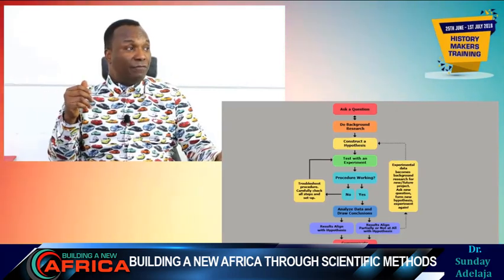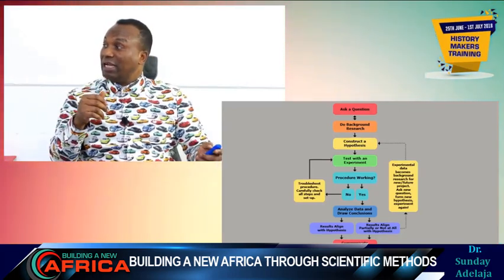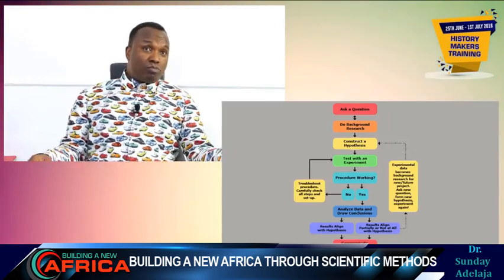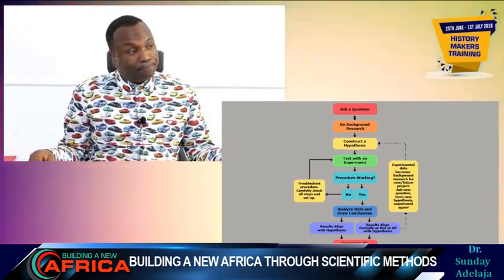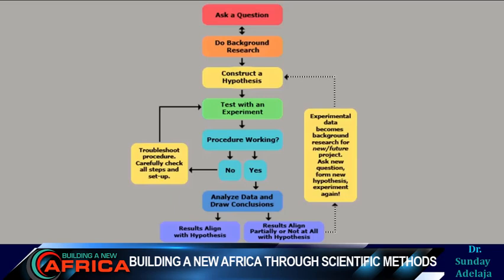So we are moving to the fourth step in the scientific method right now. Step number 4, test with an experiment. Test your hypothesis with an experiment. You don't just test it by thinking in your head.